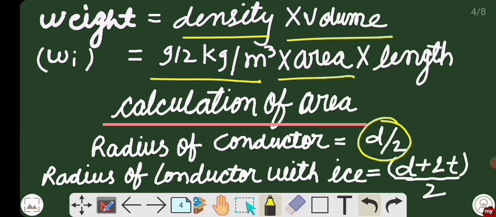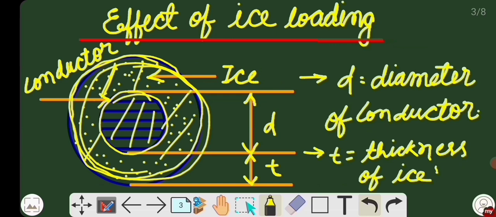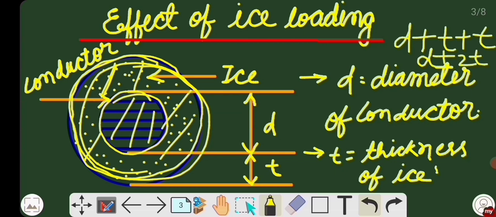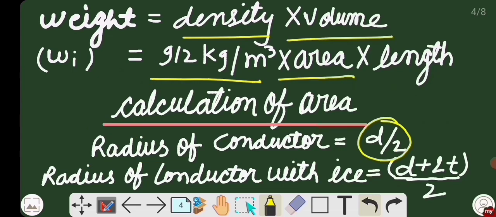And for the conductor with ice, the overall diameter will be equal to d plus 2t. It is the total diameter. So now its radius will be half of the diameter, that is equal to (d plus 2t) by 2.